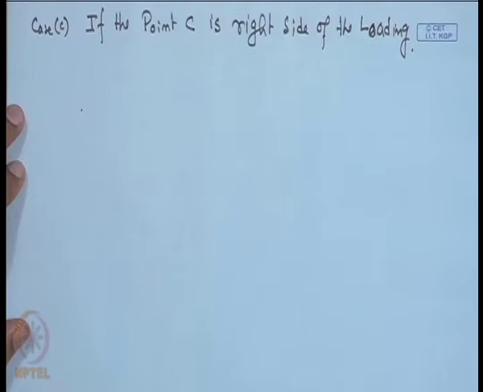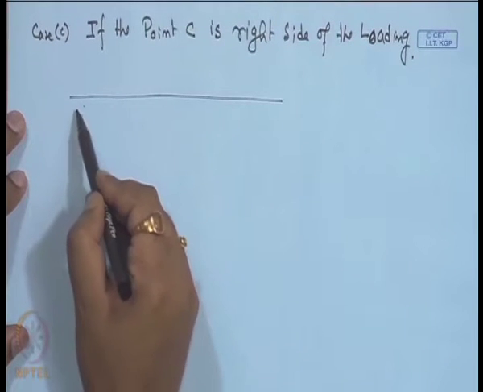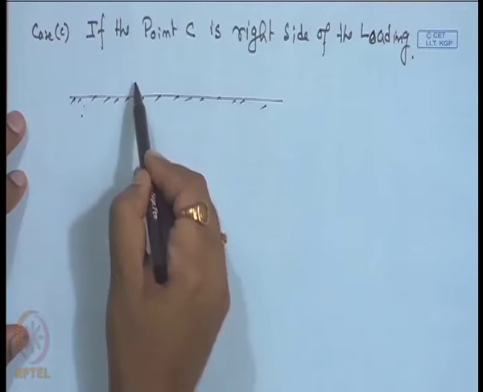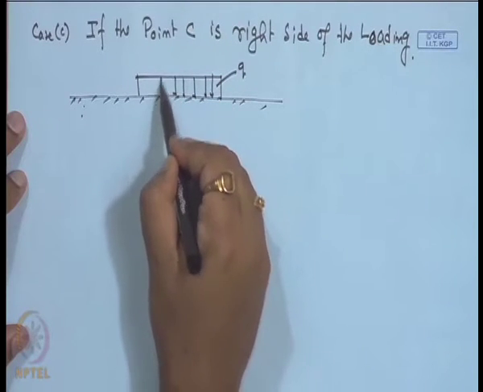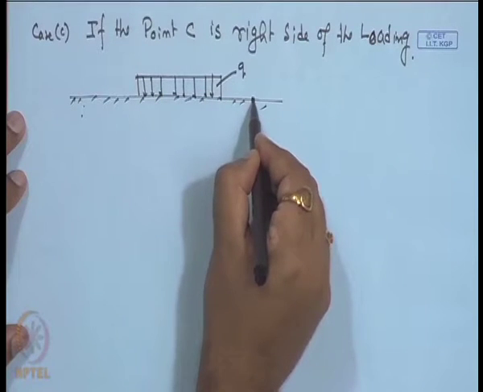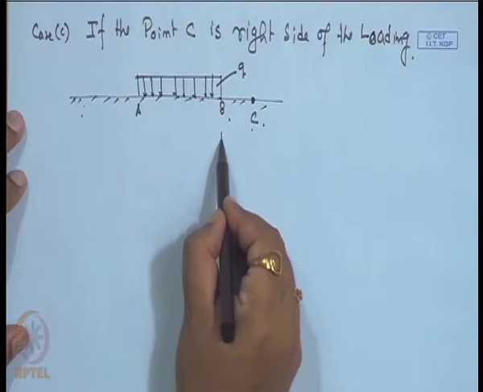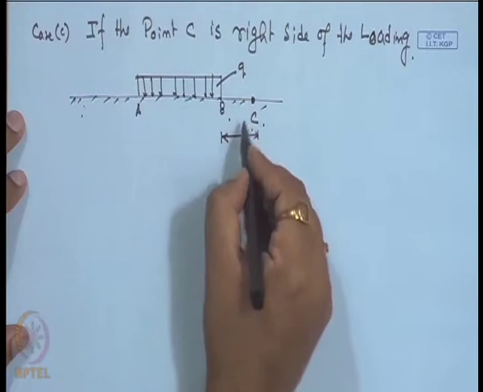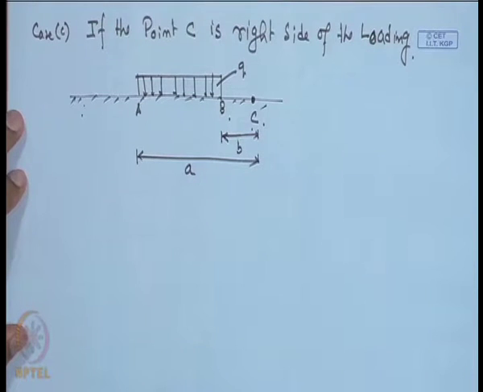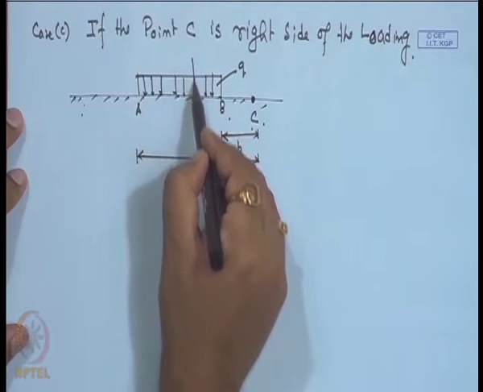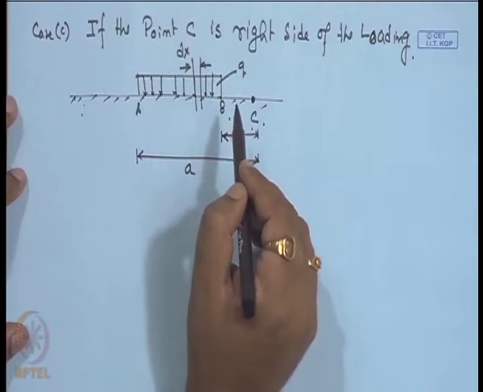In that case, we have this infinite beam, this is the UDL of intensity q, and the point C is here, and similarly this point is A, this point is B. So, A to C is A and A to B is B. Similarly, here also you have to take the segment dx at a distance of x.